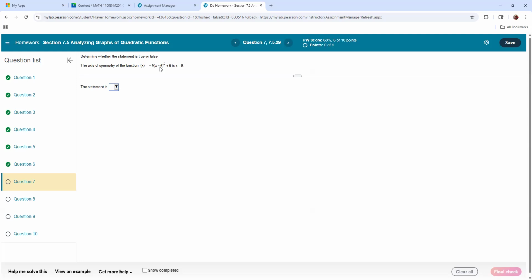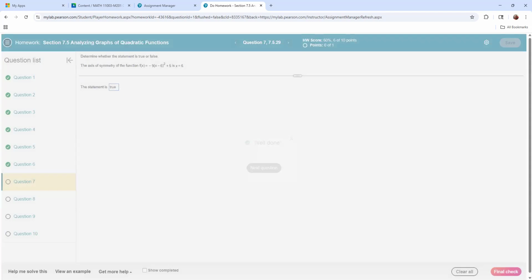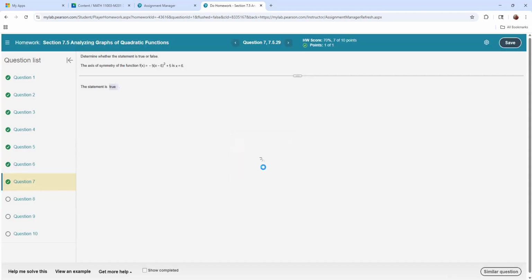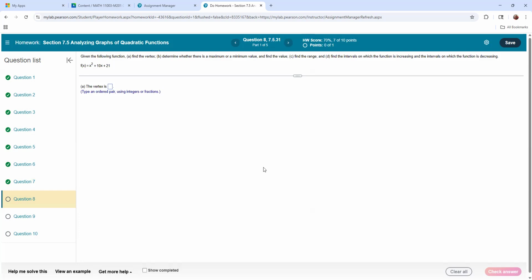Remember, at the moment, it's in the origin there. But by subtracting 6, it moved it right to a positive 6, which makes this one actually true. So you just got to look at it and figure out, okay, did they move me right 6 or did they move me left 6 on that, okay? So y'all, that was basically going over some of the stuff we knew from the past.